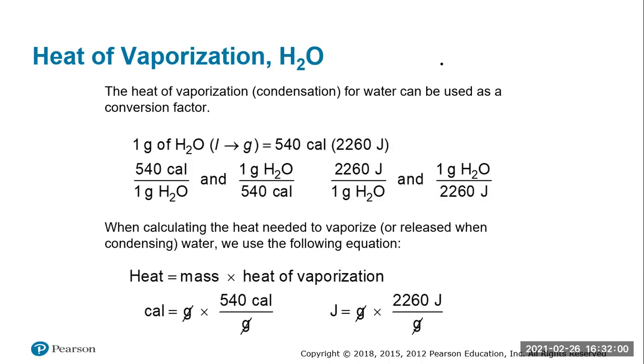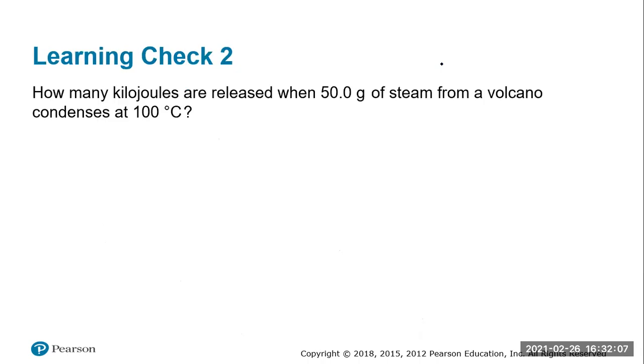And again, if we were going to calculate that like we talked about previously, we could use those as a conversion factor. So let's take a look at one. How many kilojoules are released when 50 grams of steam condenses at 100 degrees Celsius? So we're talking about steam, which is the gas phase going through condensation, which means we're going to end up in the liquid stage.